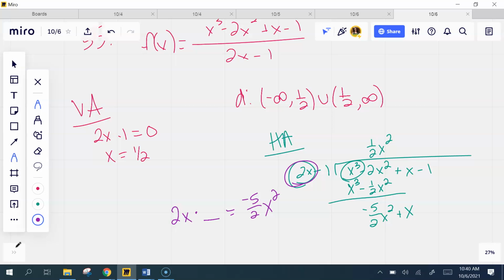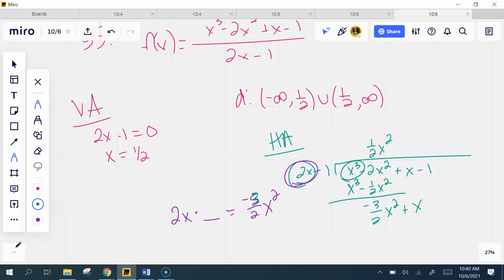Actually, wait, that's not right. Why is that not right? So what is it? It's actually -2 plus 1/2, so -3/2. Same predicament though. What do I do?